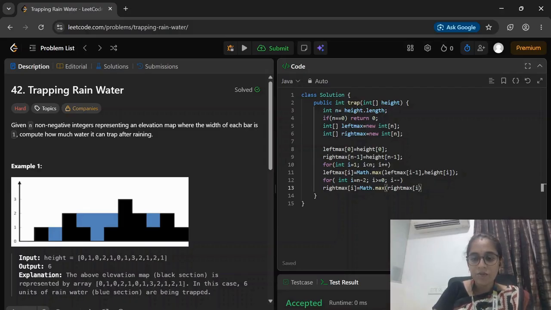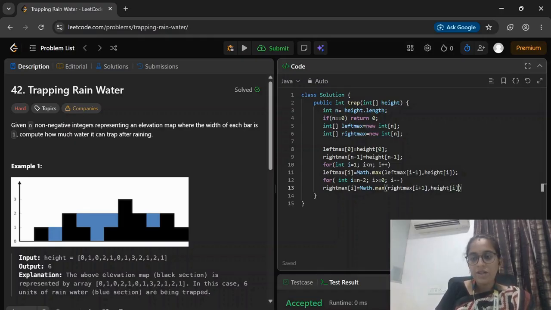So it moves forward and compares the height with i.